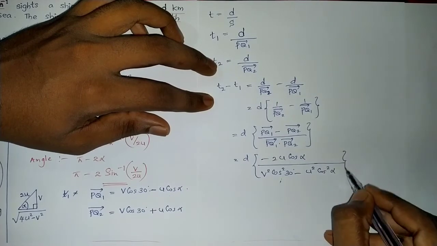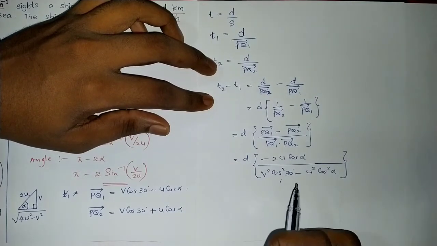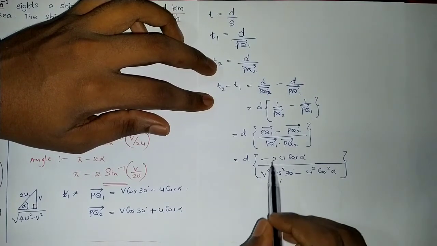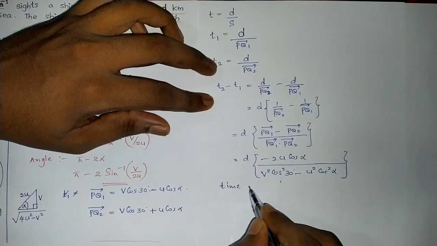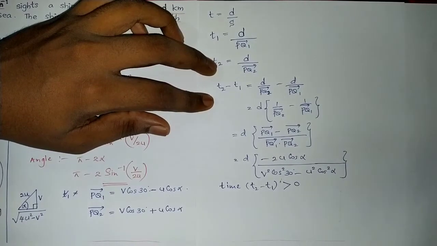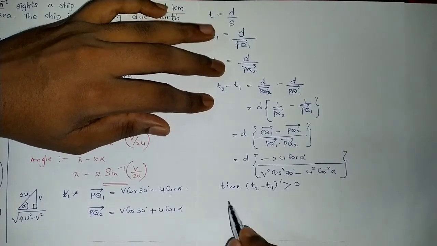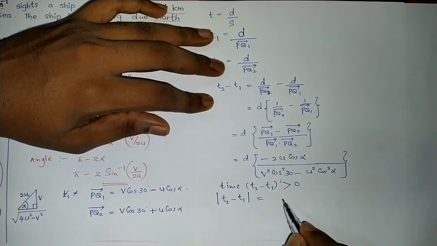square alpha. So this is a time, even though it is a difference, still it is a time, so this cannot be negative. So time, or T2 minus T1, should be positive. It should be greater than 0. Therefore I can change that minus to plus. So it should be modulus.